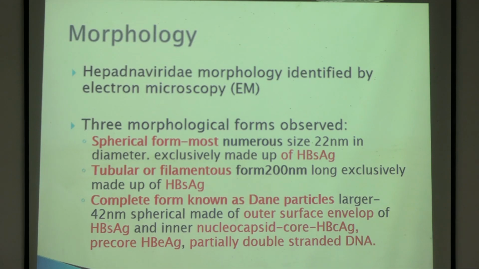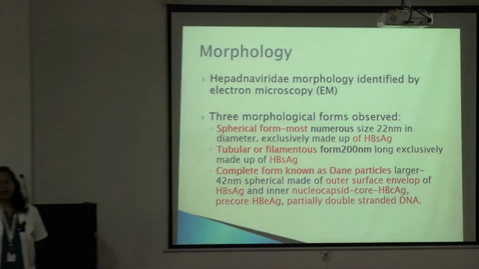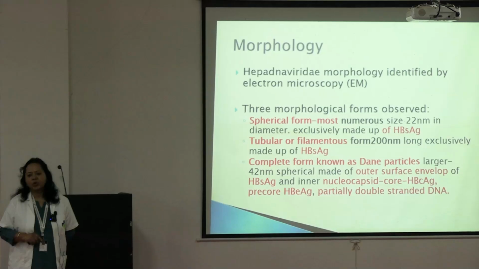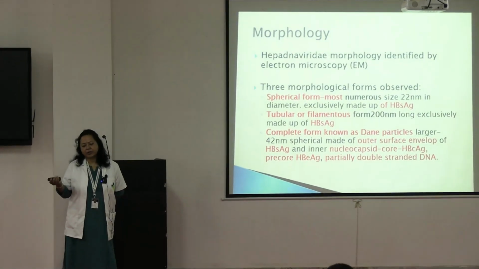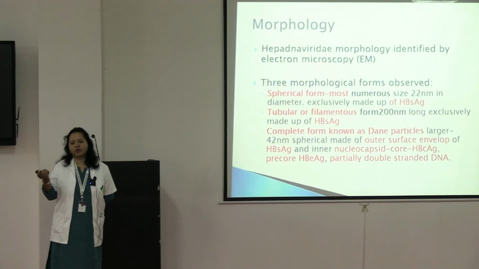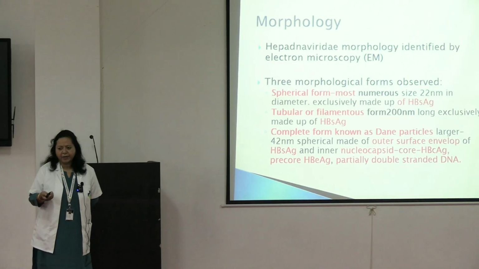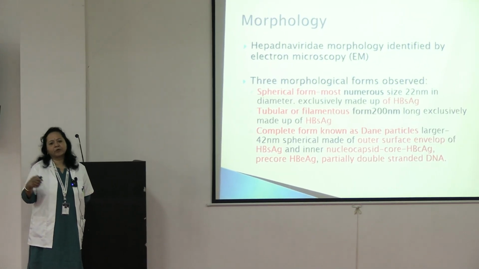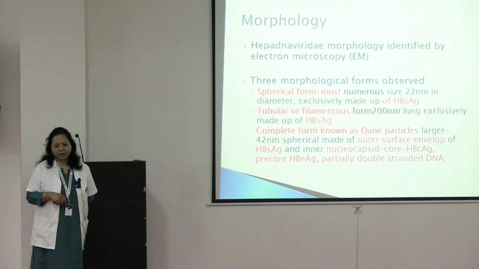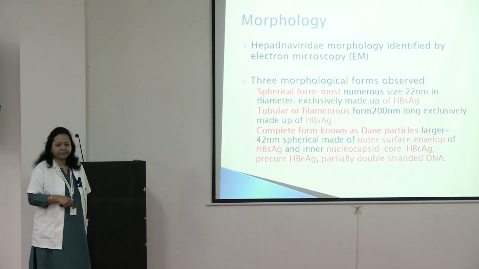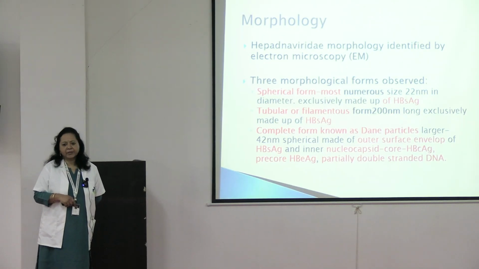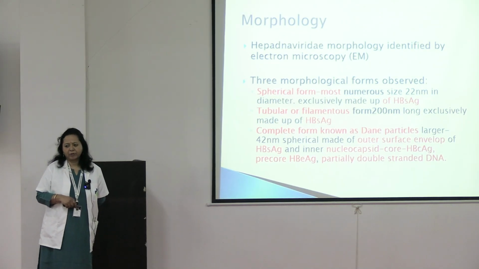This is also called Australian antigen because it was first identified in an Australian aboriginal person. You may get a short note on Australian antigen, so you have to know everything in detail about this HBsAg. We write it like this: small s, small g.